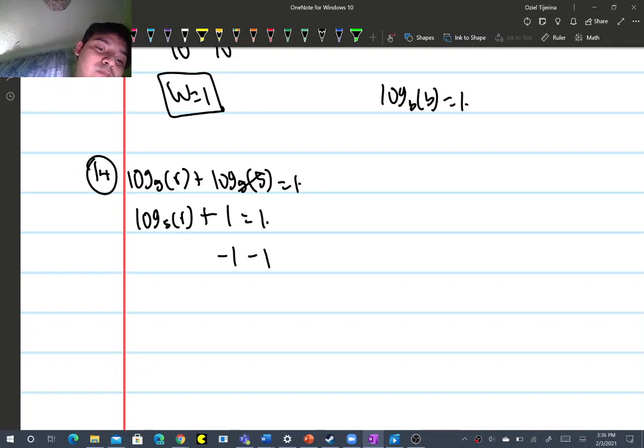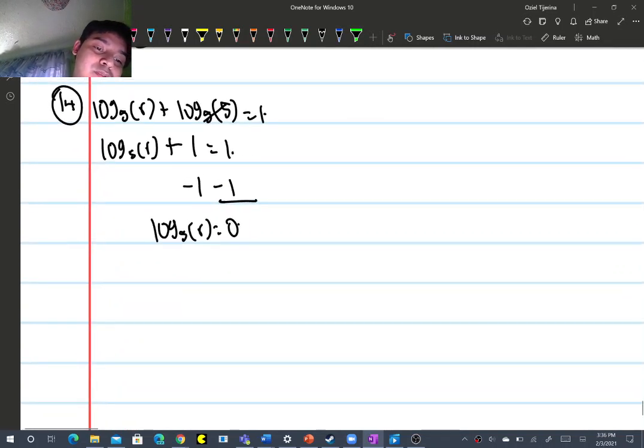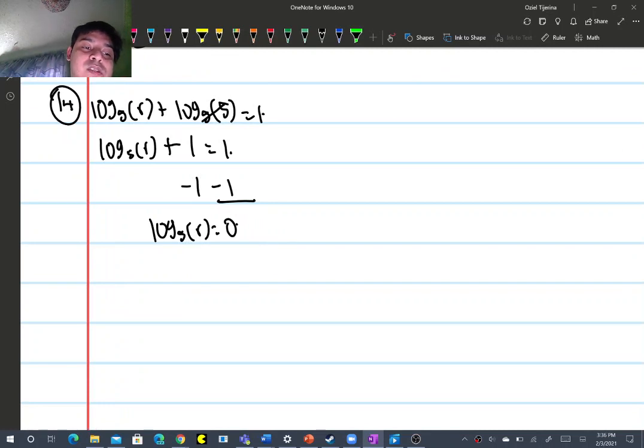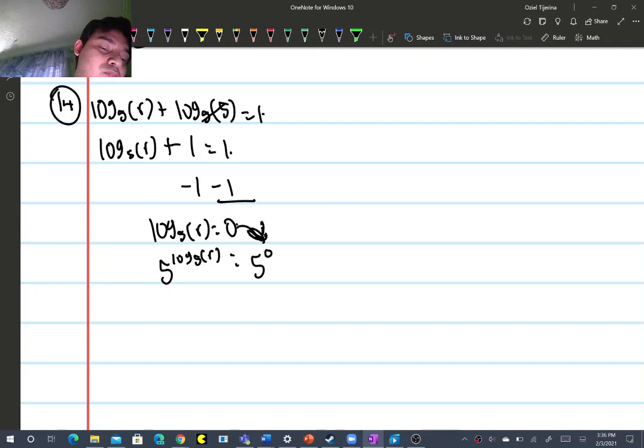If we subtract 1 on both sides, we get log base 5 of r equals 0. And then you have to use your power properties. So you say 5 to the log base 5 of r is equal to 5 to the 0th power. You cross both of these out, and you get r is 5 to the 0 power, or r equals 1. Okay.